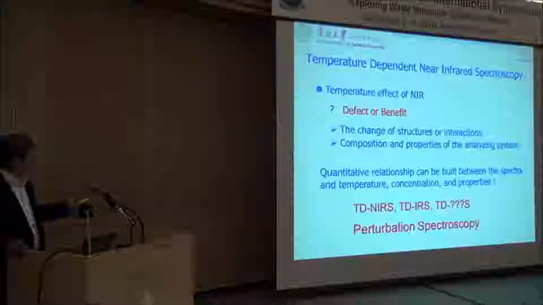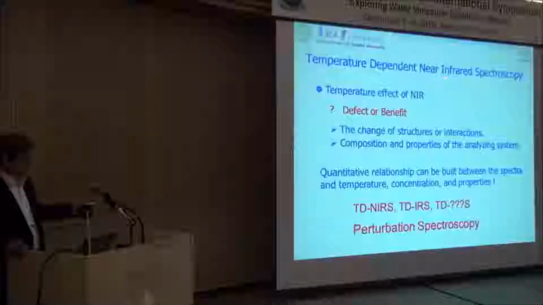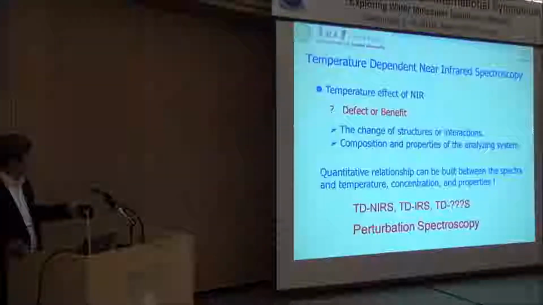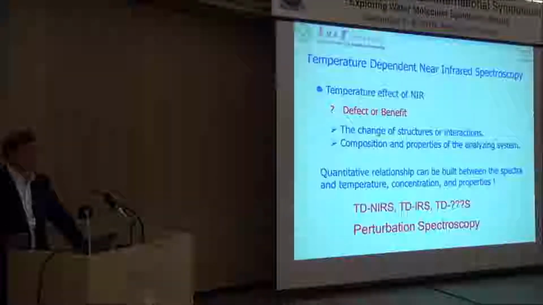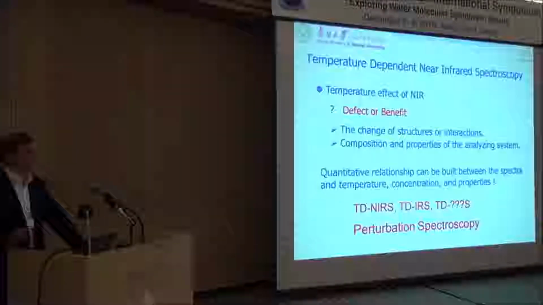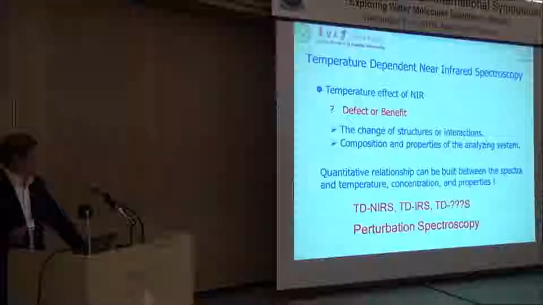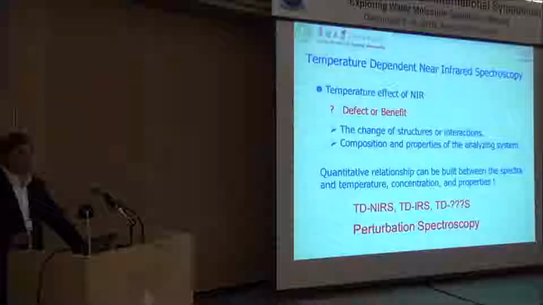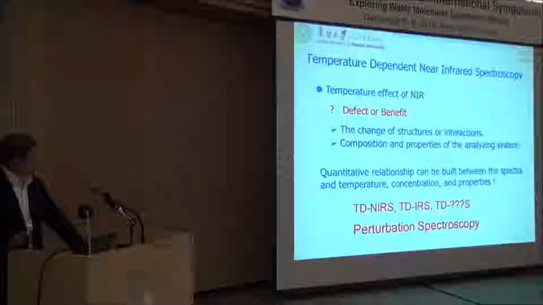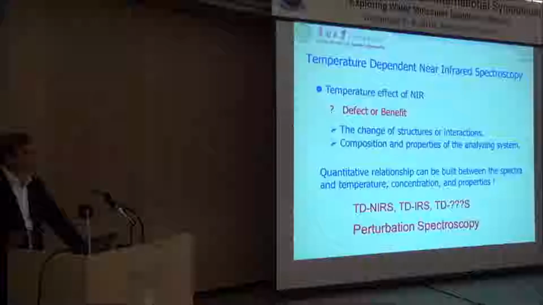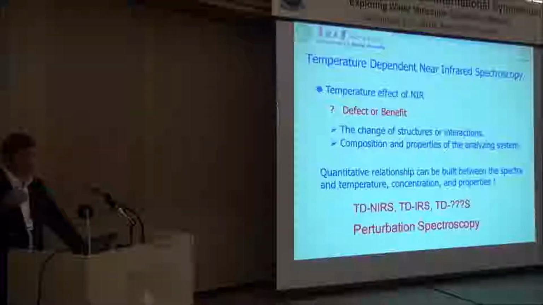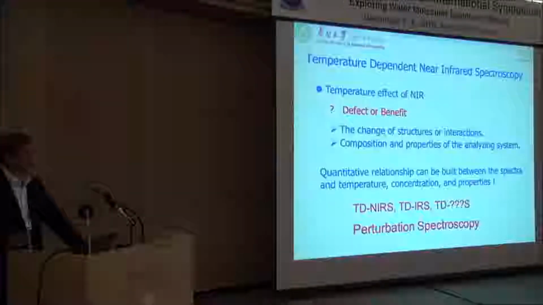Today, I would like to talk about temperature-dependent near-infrared spectroscopy. The temperature effect in spectroscopy is an old problem, and a lot of work has been done on it. A lot of work has been made to remove or correct the temperature effect.